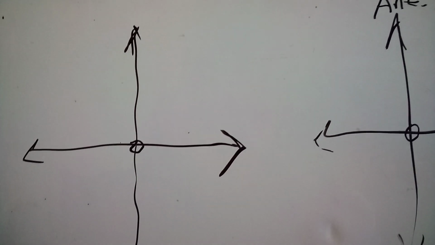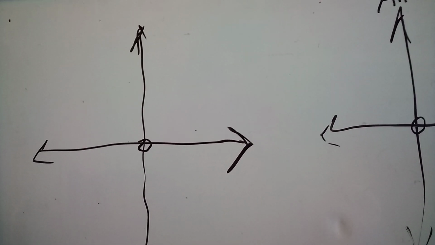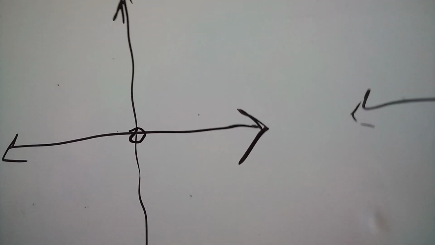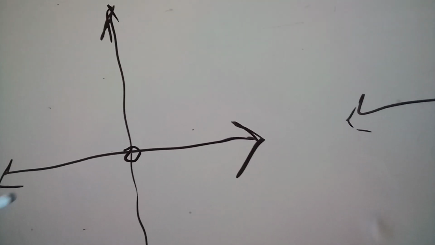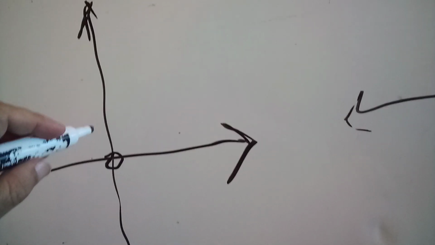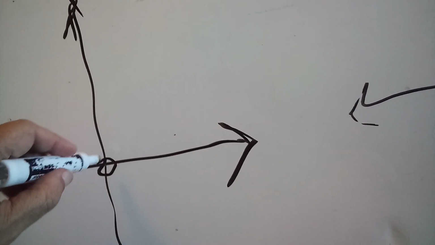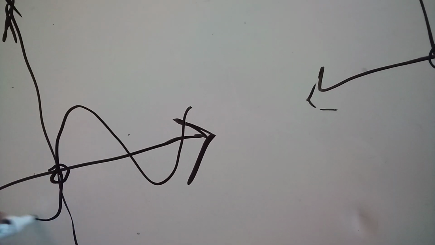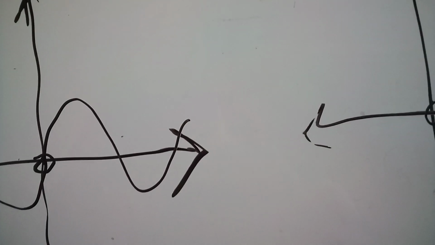The values that go into the function we call the domain values, and the resulting values we call the range values. Domain versus range intersect in some kind of curve. Some kind of curve represents the intersection of those values.